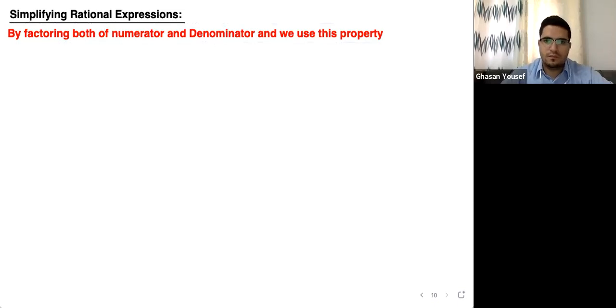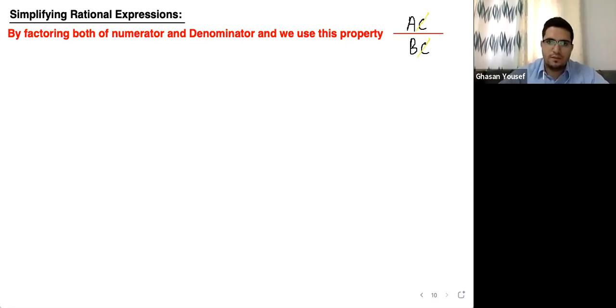We'll use this property if I have something like this: A times C over B times C. I can cancel the C with the C. The C with the C can be cancelled.